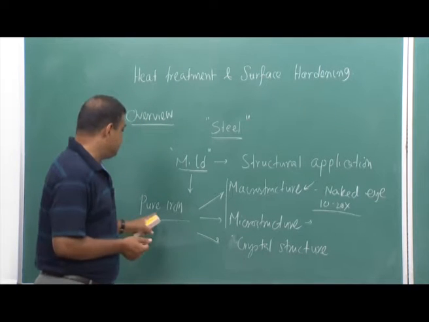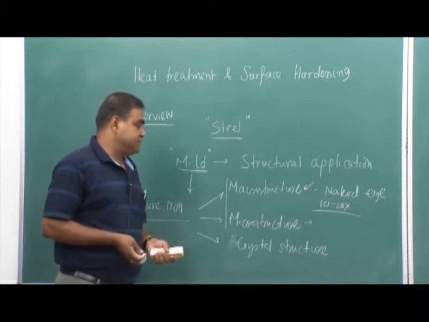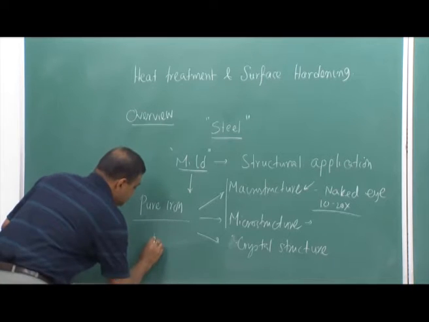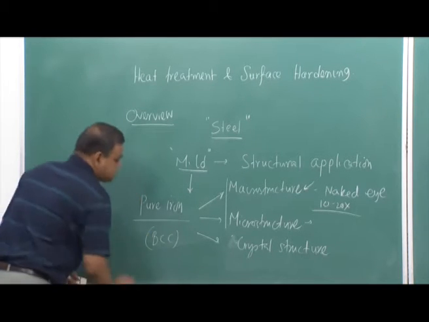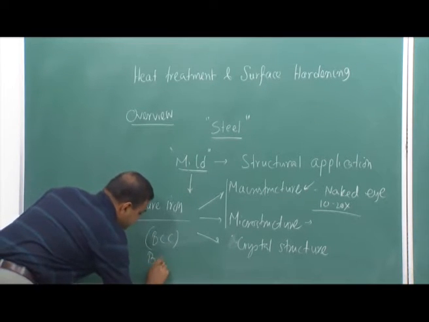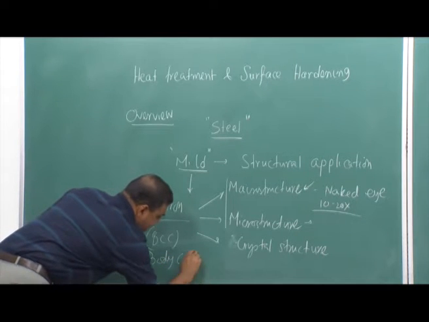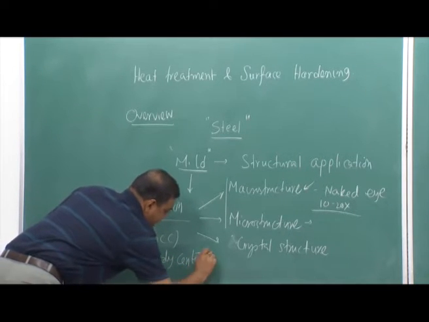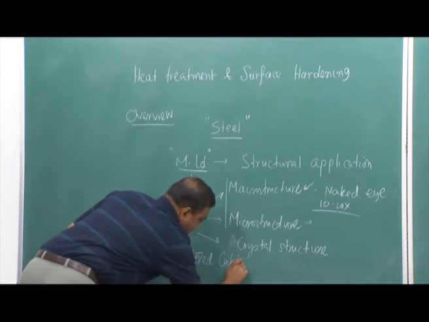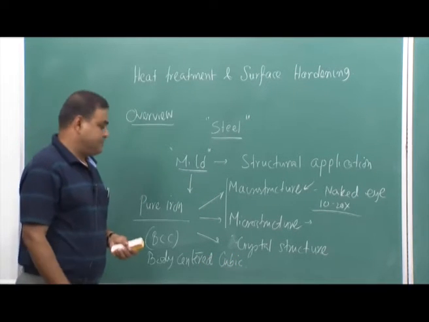For example, if we take pure iron at room temperature, the structure is BCC, which is body centered cubic.